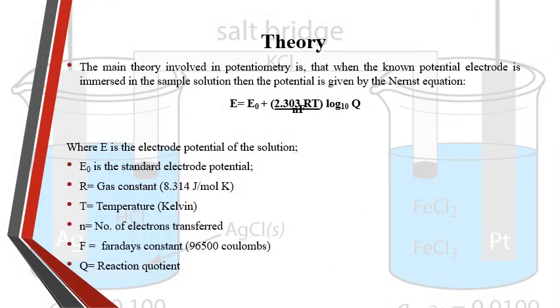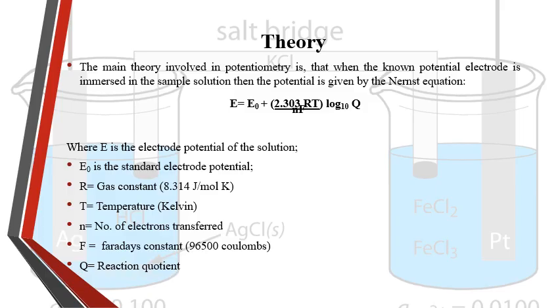The theory described relates to the fundamental principle of potentiometry, which involves measuring the potential of an electrochemical cell to determine the concentration of an analyte in a solution. The core of this theory is the Nernst equation, which is used to relate the potential of an electrochemical cell to the concentration of ions involved in the reaction.